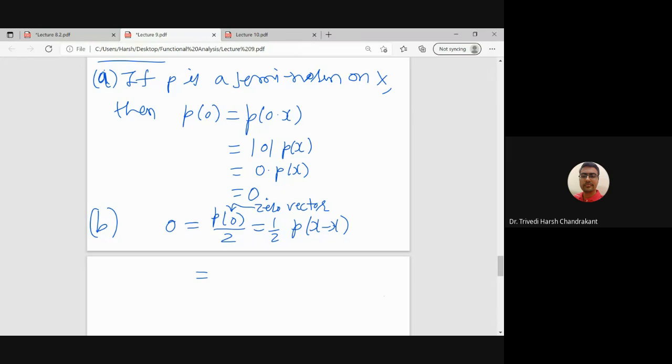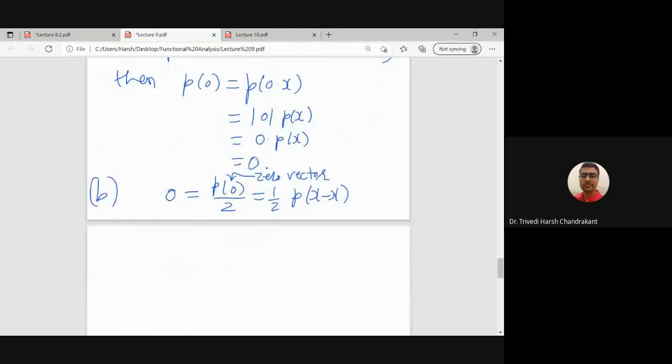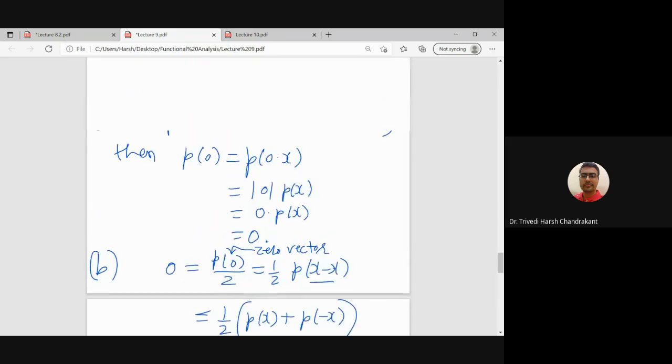And then the first property gives that if we have two vectors x and y, then we can use the triangle inequality. So that will give us less than or equal to 1 by 2 times (p of x plus p of minus x), right? Because this is x plus minus x. Yes, there should be a bracket here. Then we can apply the second property.